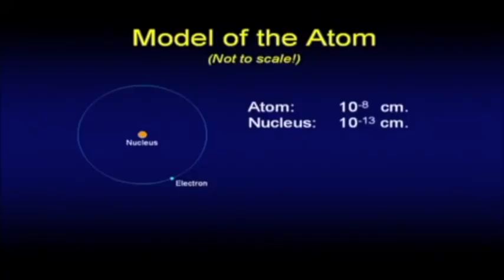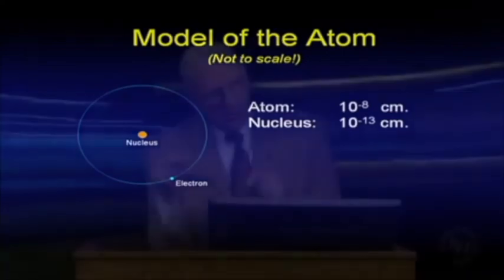Now, we know that the atom itself is in the neighborhood of 10 to the minus 8 centimeters, 0.00000001, a very, very tiny part of a centimeter. That's the whole atom. The nucleus is 10 to the minus 13 centimeters, much smaller.